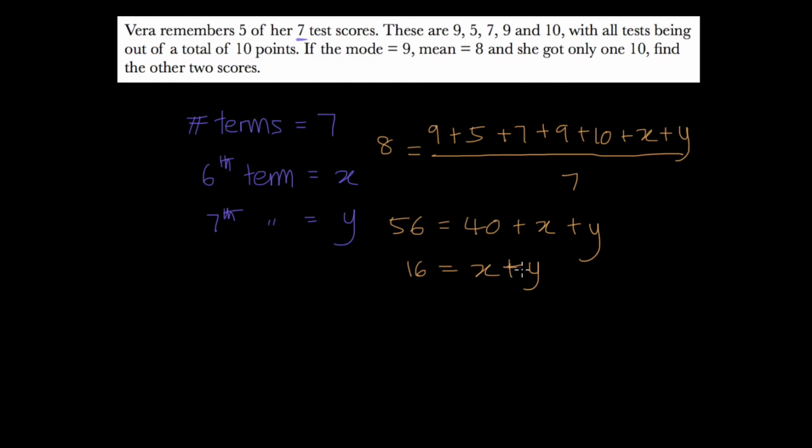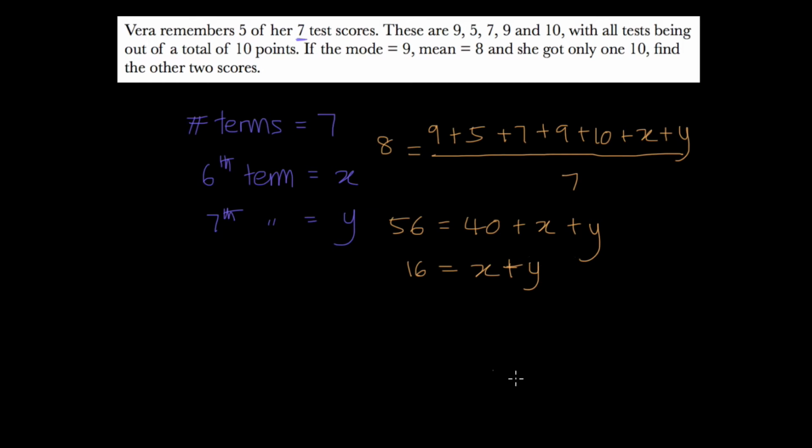So right now, we're looking for 2 numbers that add up to 16. We've already used the mean, but we're also given the mode, so let's see if we can use that as well.